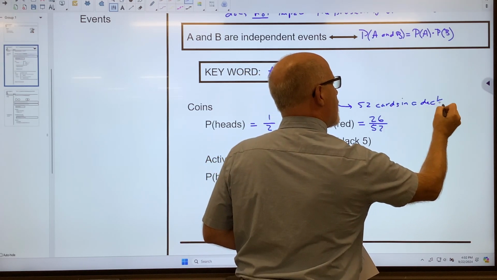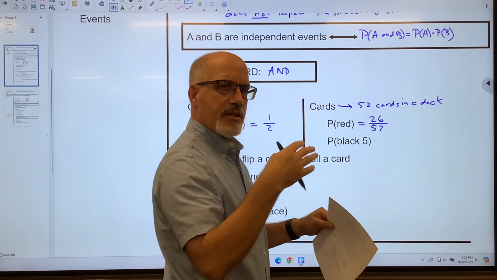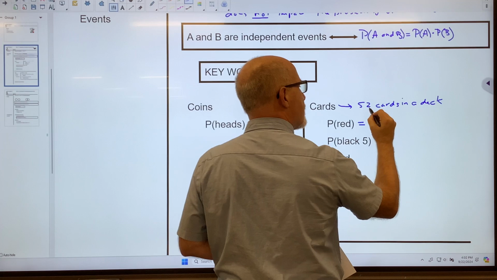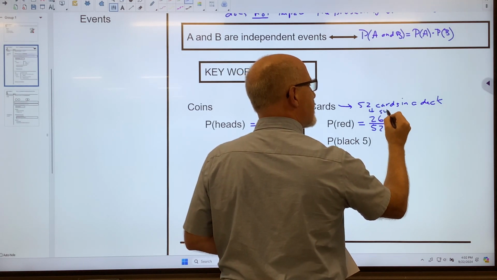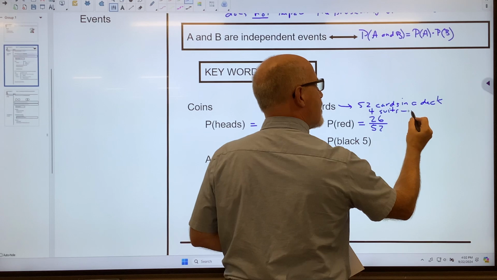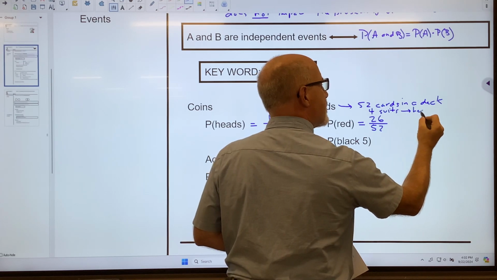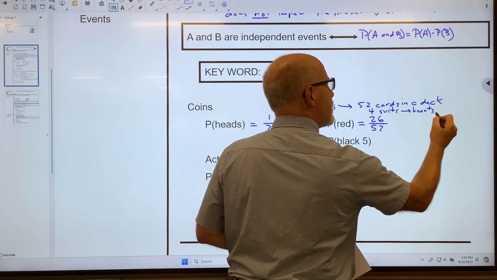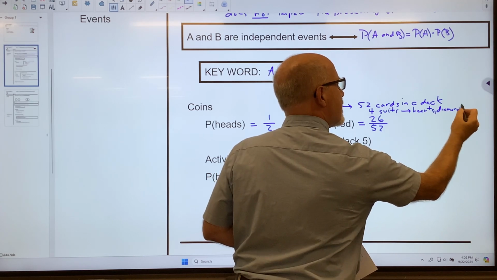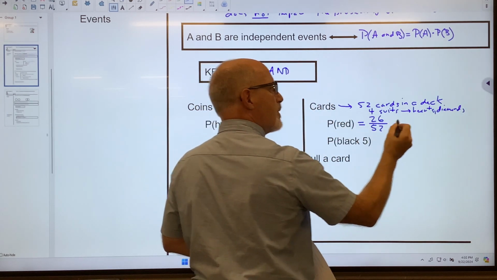And if you don't recall the idea of the different suits, there are 4 suits. Now what a suit is, remember, that's where you have hearts, diamonds, those are your red cards. Okay, so that's why there's 26 of them.